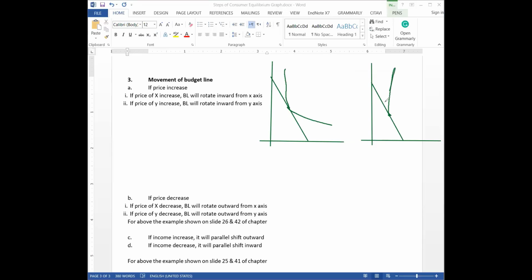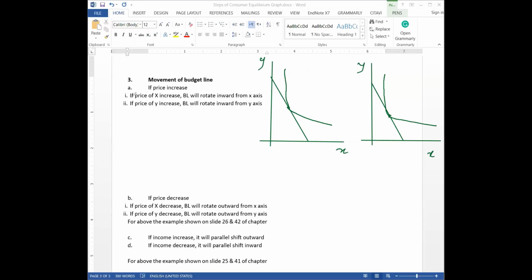You should draw the indifference curve first so that you can draw it cleaner, and then draw the budget line so that your diagram is cleaner. Here I'm drawing the indifference curve after drawing the budget line, so it is not that clean. That's why in the diagram I was saying that you have to draw the indifference curve first.